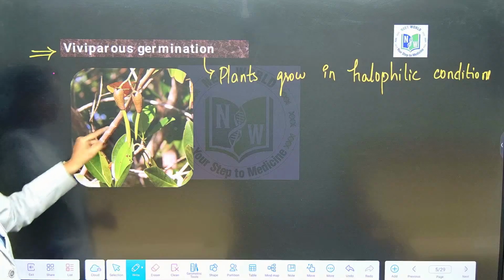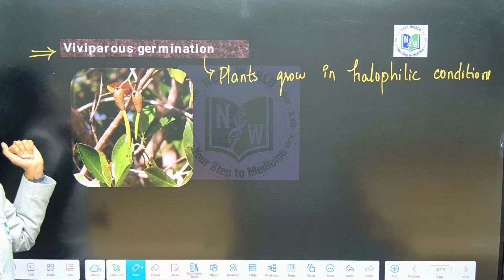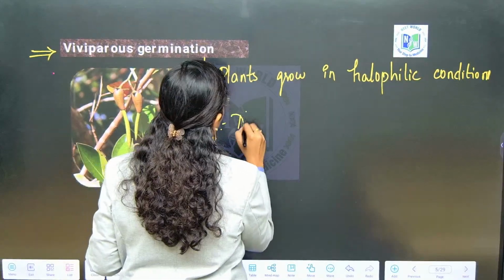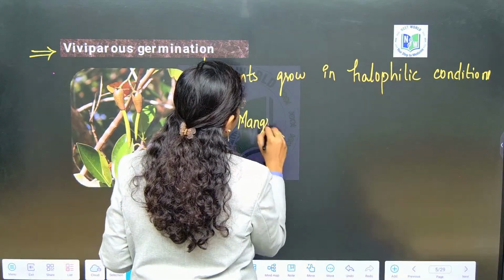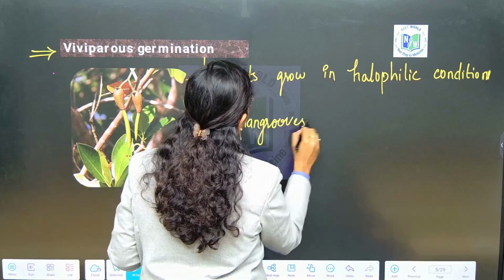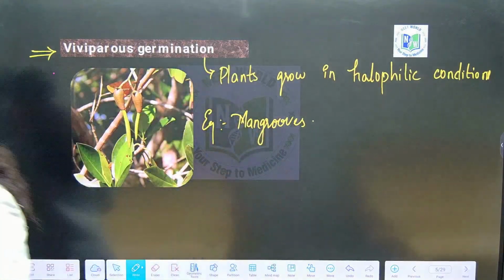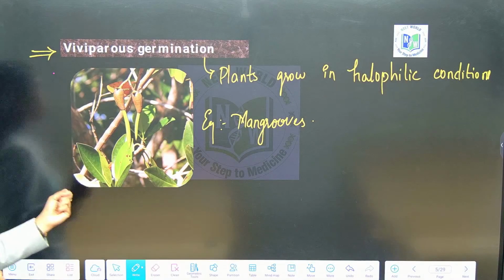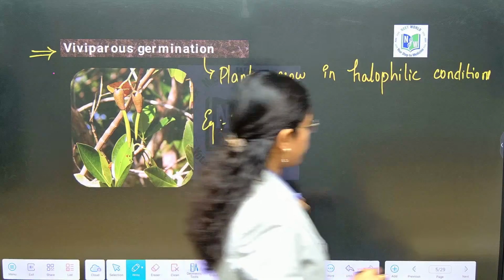That is the reason they are germinating over the parent plant itself. Mangroves are the best examples for viviparous type of seed germination.